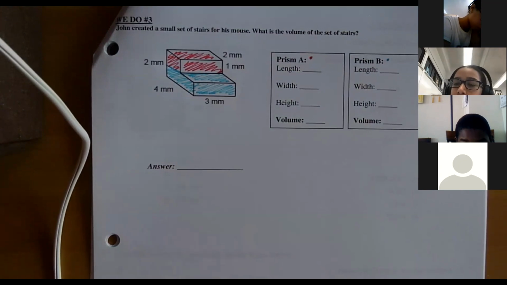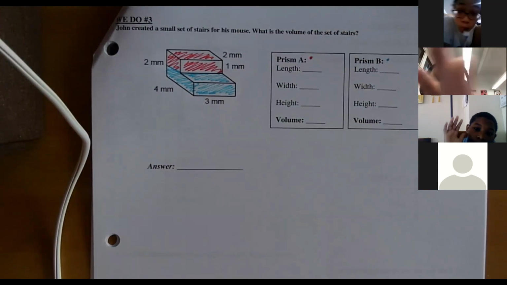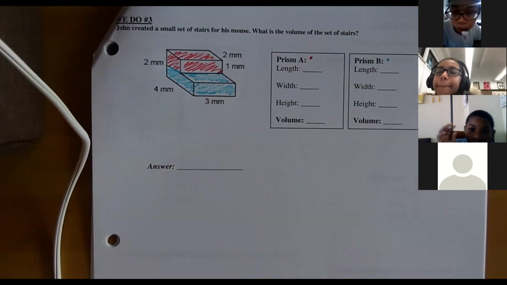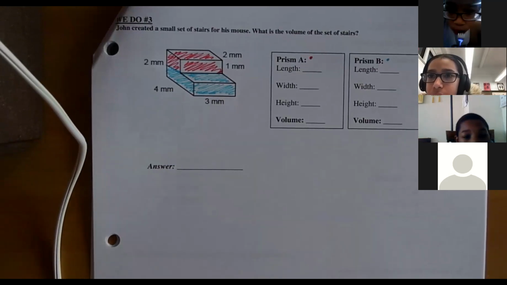So let's start with prism A. What do we know for sure? What dimensions do we know? Haley, give me a dimension we know for the red prism. 2 times 2 times 1. No, that's not correct.